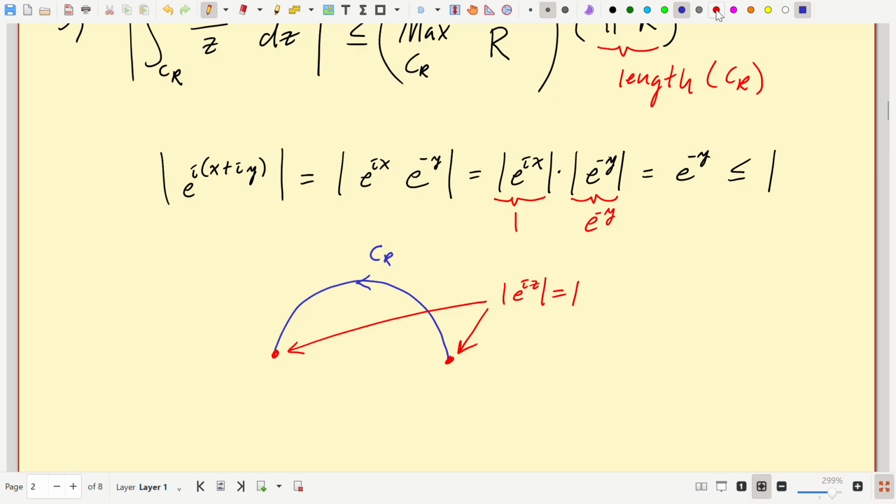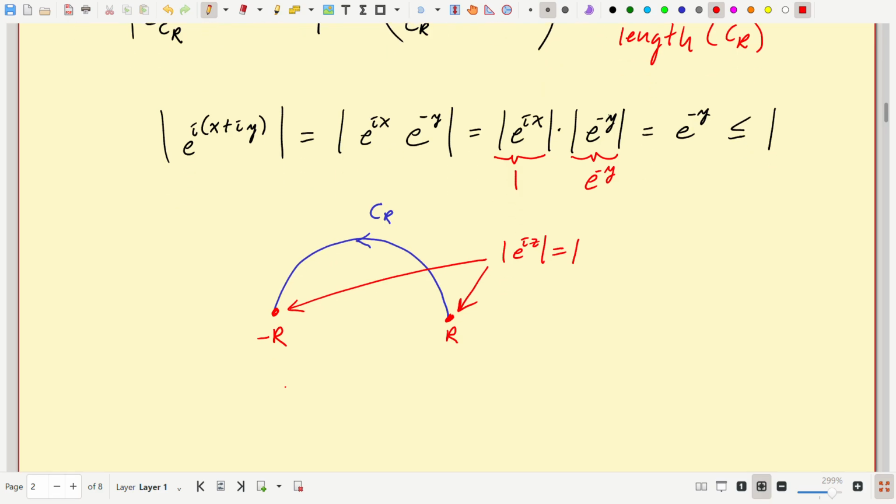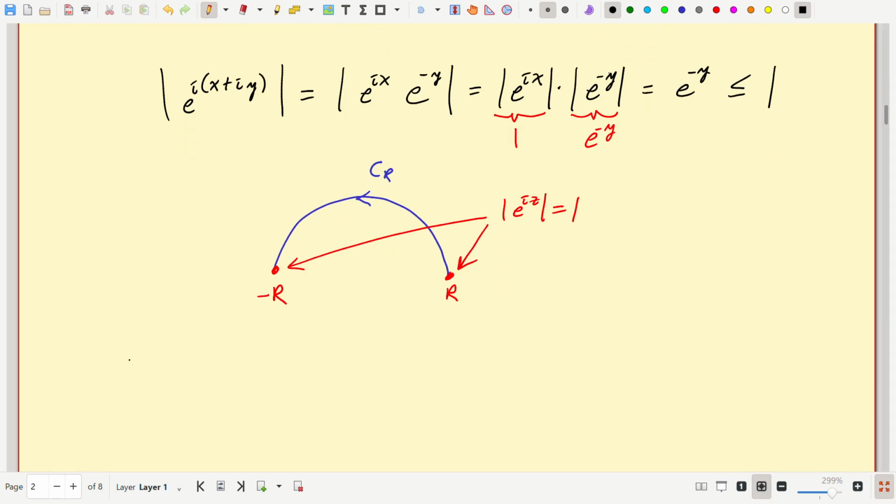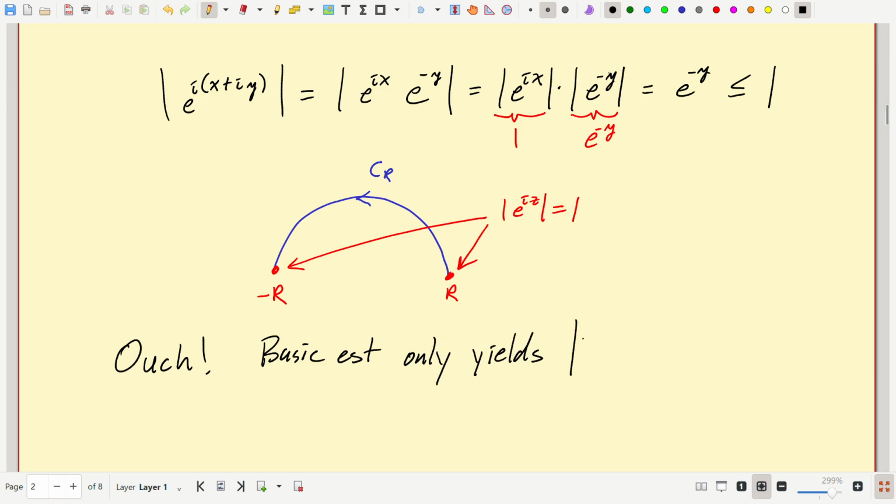That's plus and minus r. And so the basic estimate gives us only, so I'll call this an ouch, the basic estimate only yields that the integral around the C sub r part is less than or equal to 1 over r times pi r.